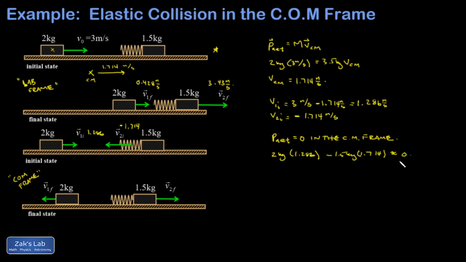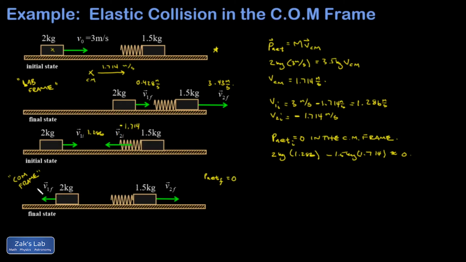Okay, so in this reference frame, if my momentum is 0 in the initial state, it must be 0 in my final state as well. So P net final is going to be 0. And this was an elastic collision, so my initial kinetic energy has to be equal to the final kinetic energy. Well, now I can just guess the answer.